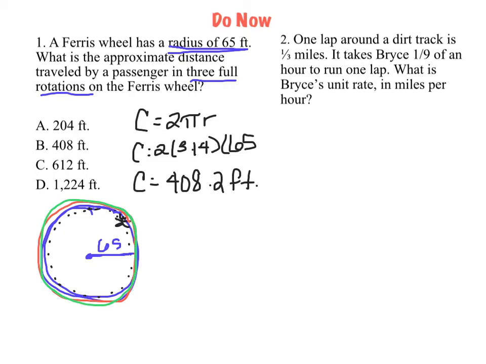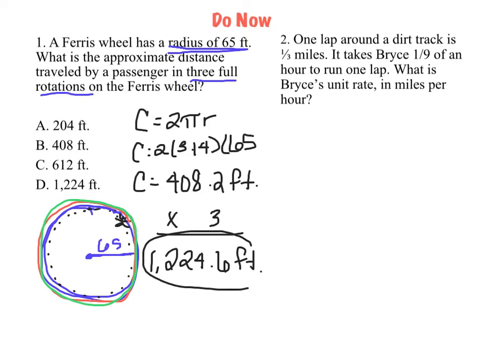But we know he went 3 times around, so I need to now multiply this number by 3, and I get 1,224.6 feet. As always, make sure you correct any mistakes that you made.